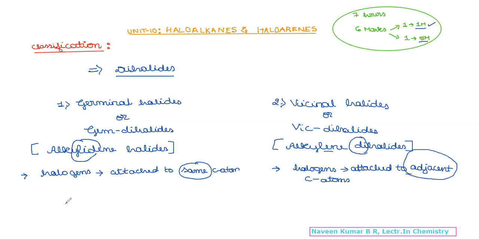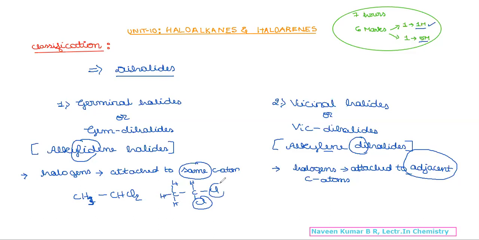The example will make it more clear. We'll take a simple example: CH3-CH3 with tetravalency condition, in which two hydrogen atoms are substituted by halogen. We'll consider chlorine atoms, or you can recall the complete structure with Cl, Cl, and H, H, H. Now the two halogen atoms are attached to the same carbon atom.